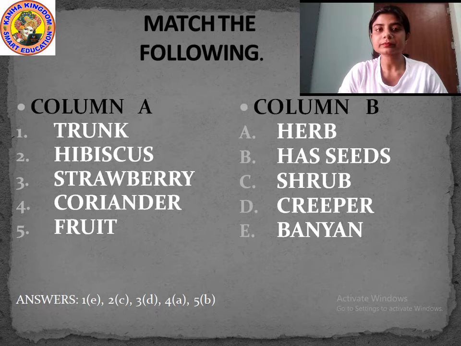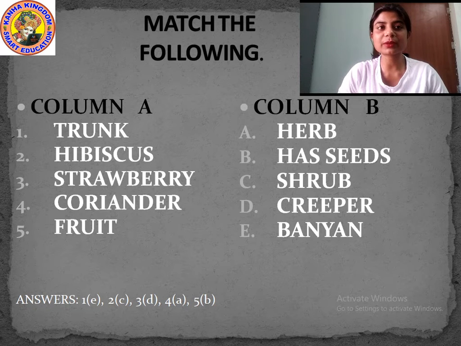Coriander with A. Herb, H-E-R-B. Coriander is a herb. So 4A. Okay. Then fruit, F-R-U-I-T. Fruit with B, 5B. That is has seeds, S-E-E-D-S. Seeds. Okay. So this is the answer.